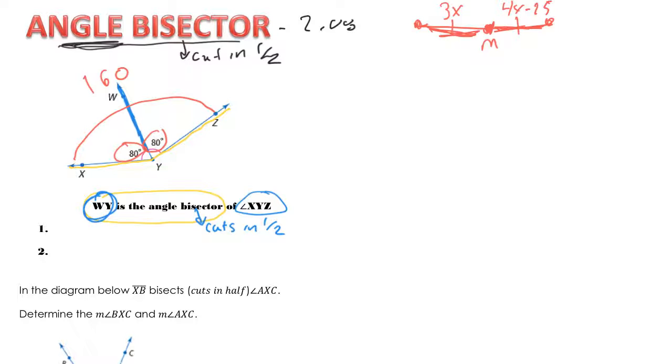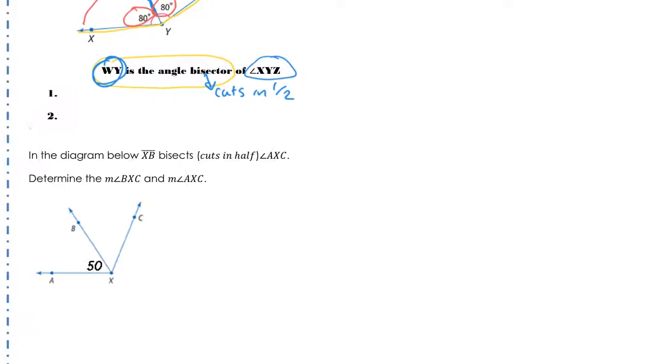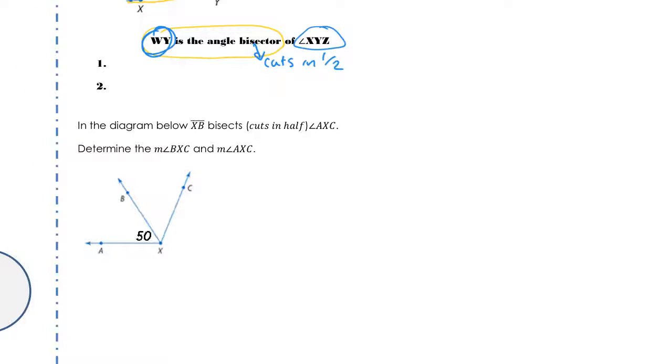Same idea. So if I look at this diagram below, let me actually start by filling this in. It just cuts an angle in half, and it makes two congruent angles. So in the diagram below, XB bisects angle AXC.